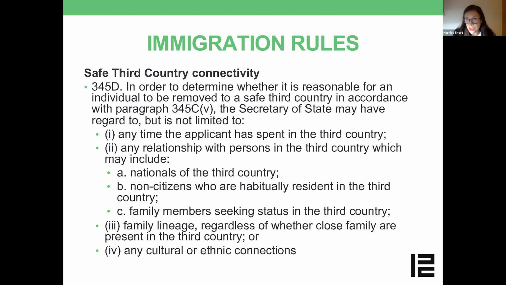Now, 345D provides some additional consideration for the connectivity requirement that you saw earlier in 345C Roman 5. So the safe third country criteria under the immigration rules are different to the Dublin regulation.